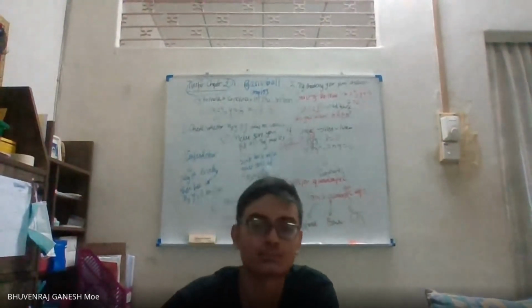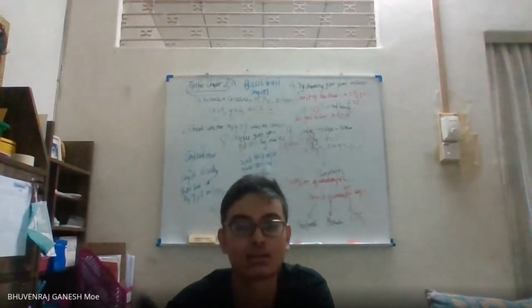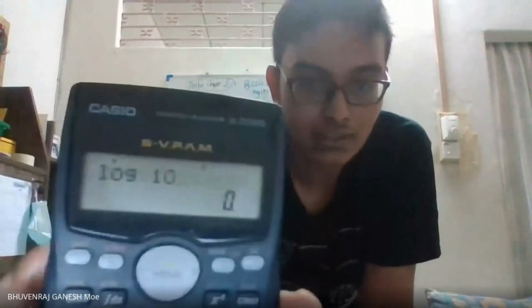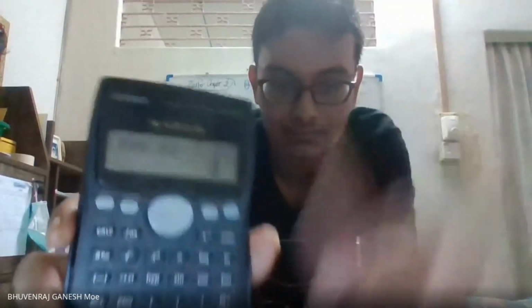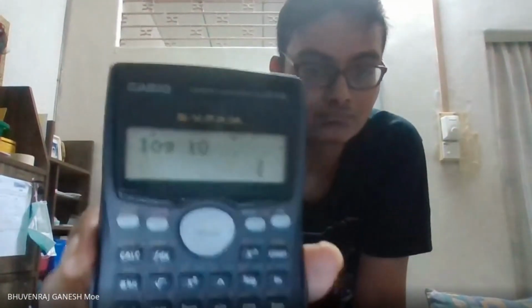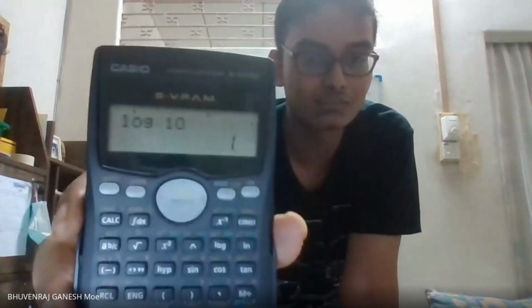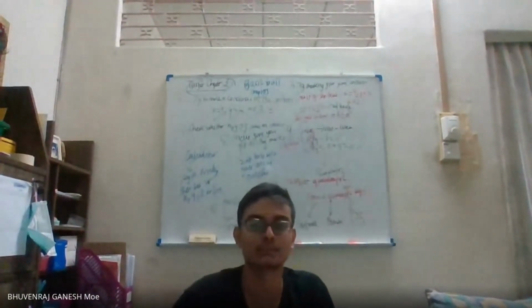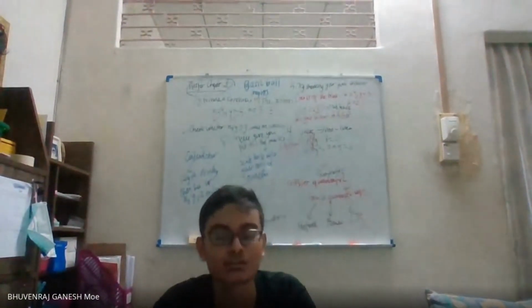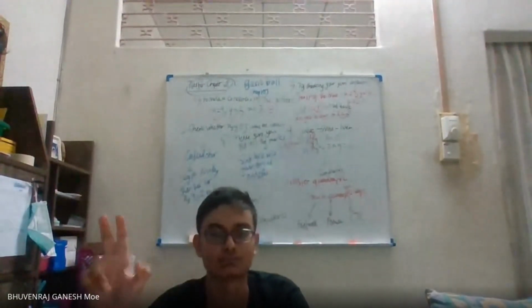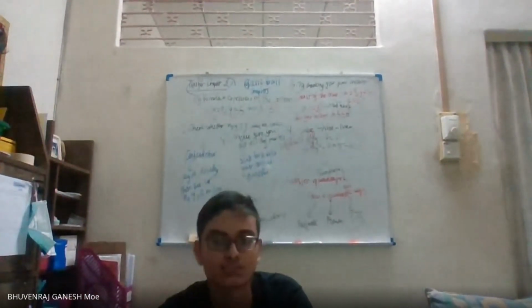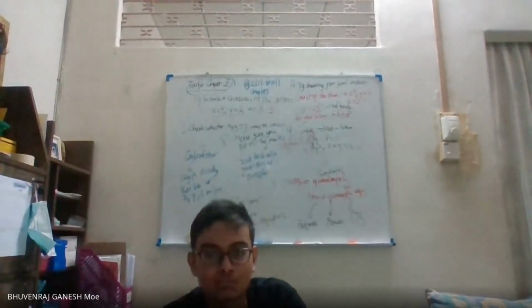But for my calculator, our calculators all are in base 10. So if I put log 10 inside, means I'm actually putting base 10 at the bottom and then 10 here. You see, I click, 1. That's why I said just now that log 3 is 1. See, the calculator proves it. Log 10 is 1. So that's why log 3 is also 1. Anything same base down there and then another number, same, 1. Everything is 1. Okay. So that's the thing.